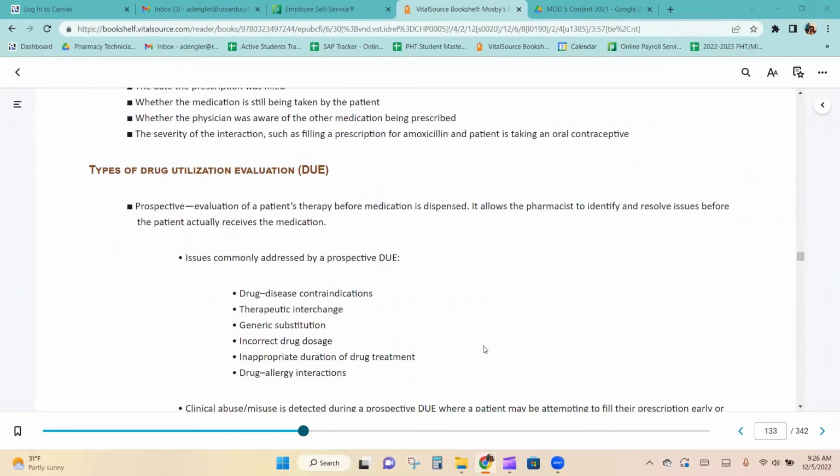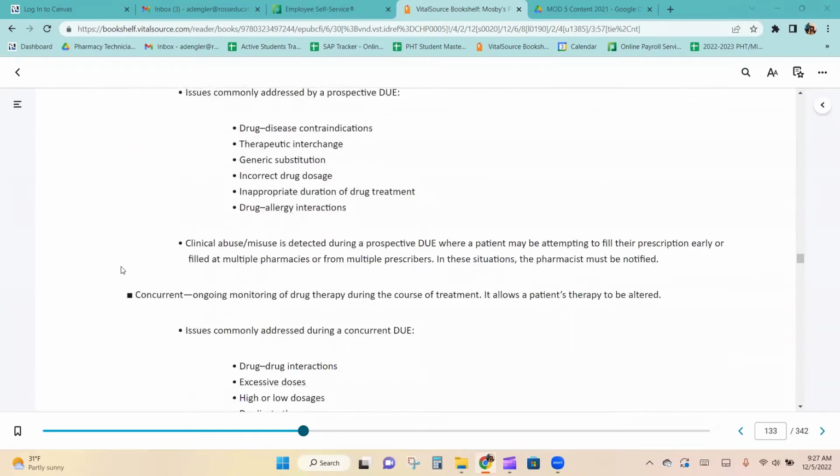So there are types of DUEs. Prospective: evaluation of a patient's therapy before medication is dispensed. It allows the pharmacist to identify and resolve issues before the patient actually receives the medication. Concurrent: ongoing monitoring of drug therapy during the course of treatment. It allows the patient's therapy to be altered.